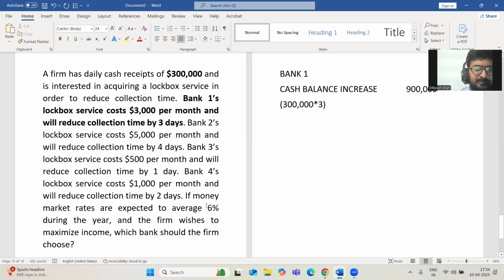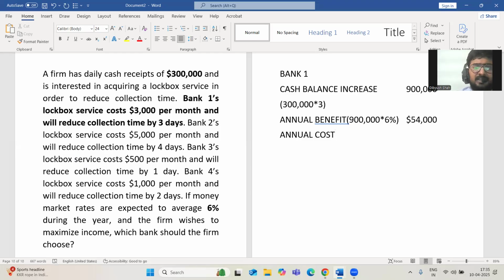What is the cost? Money market rate 6%. So my annual benefit on this 9 lakh is 9 lakh into 6%, that is $54,000. And what is the annual cost of this service?